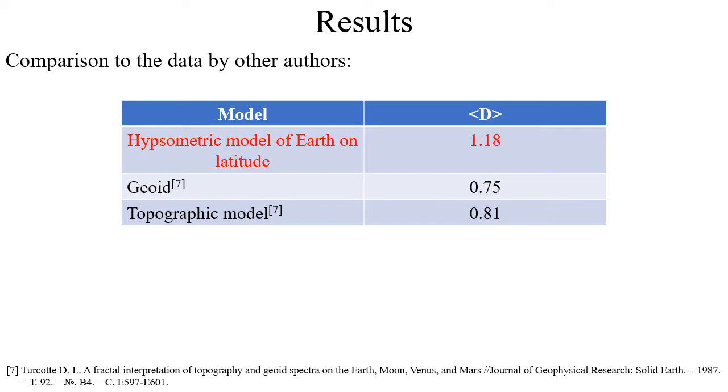For geoid it is 0.75, for topographic model it is 0.81. So our result is correlated to the result by a famous author and famous study which was published in the Journal of Geophysical Research, Solid Earth.